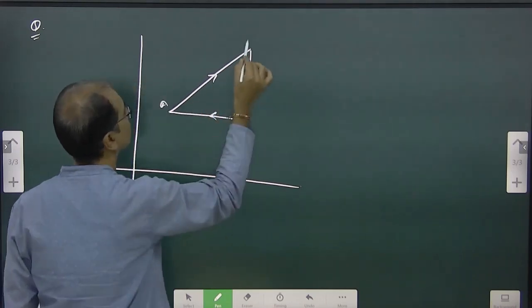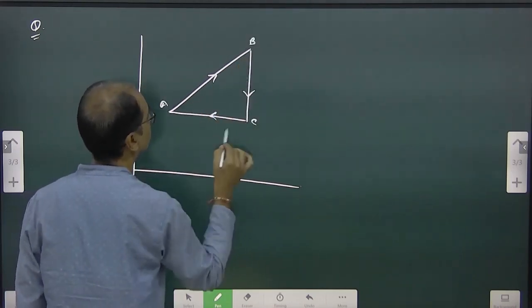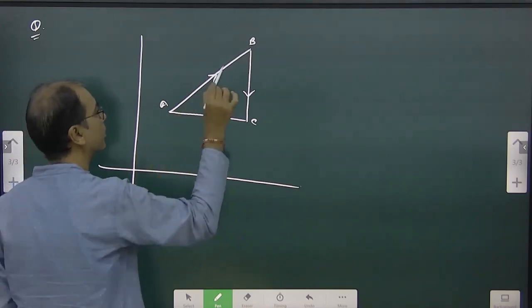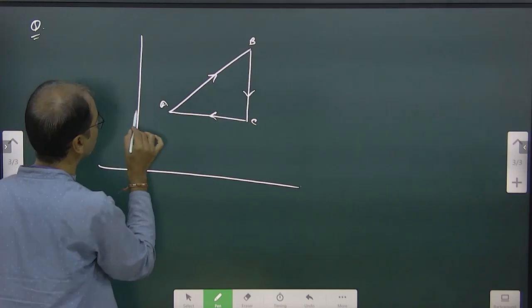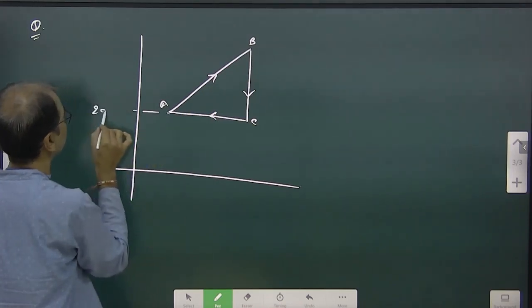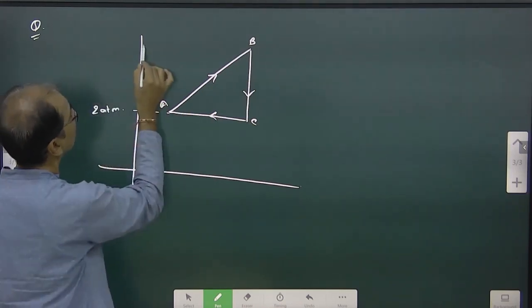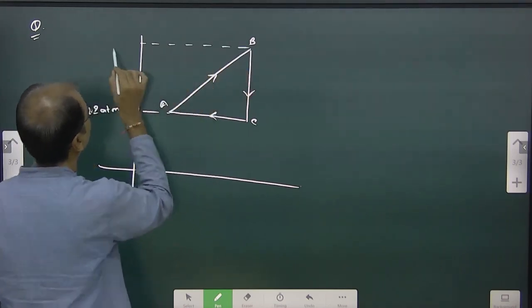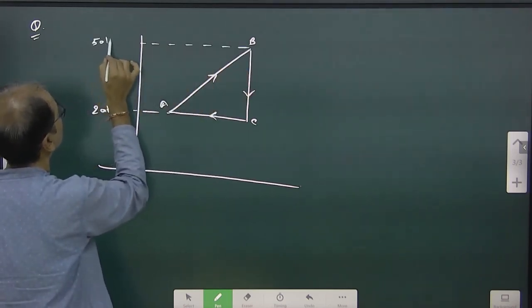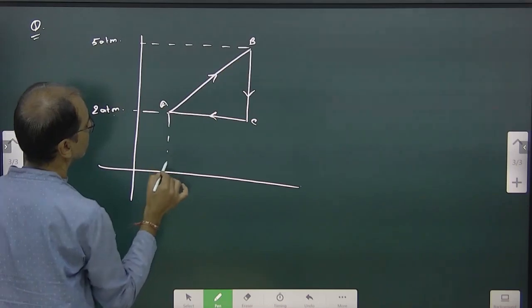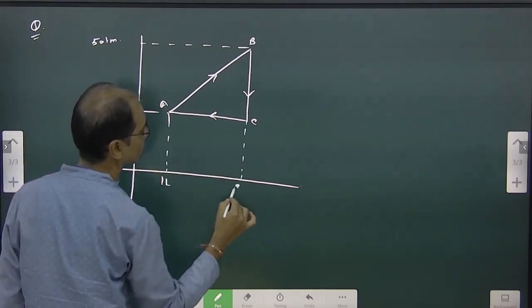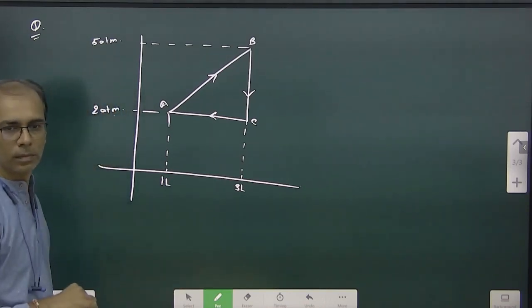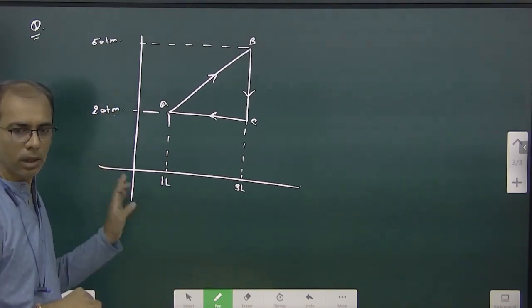This is A, this is B, this is C. The gas goes from A to B, then from B to C, then from C to A. Let's assume this is 2 atmospheric pressure and this is 5 atmospheric pressure. This is 1 liter, and here 3 liter. Every value I have given.